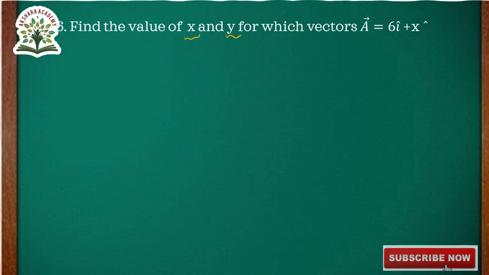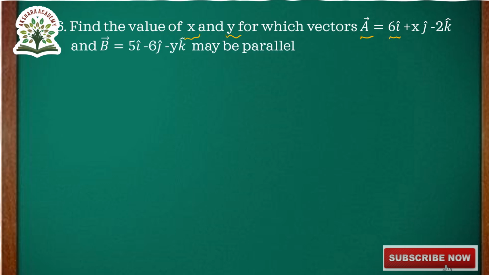Sixth one. Find the value of x and y for which vectors a bar is equal to 6i cap plus xj cap minus 2k cap and b bar is equal to 5i cap minus 6j cap minus yk cap may be parallel. So now we have to find out the values of x and y from the given vectors a bar and b bar.